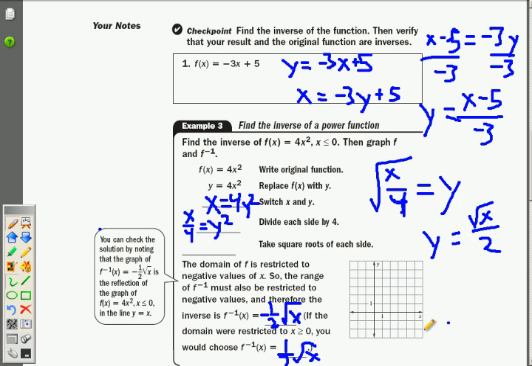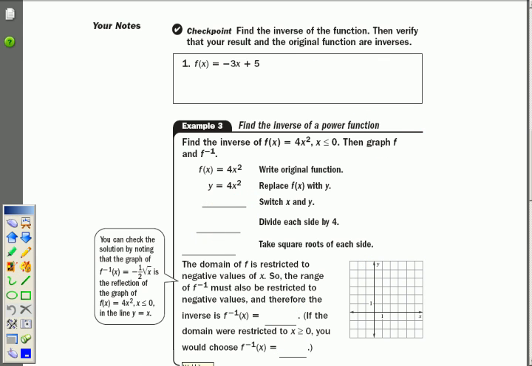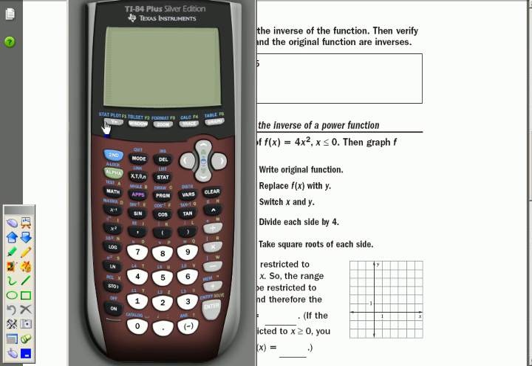And so when I put the negative values in there and I graph it, you're going to see something a little different. So let's go ahead and put that into our calculator for just a minute. And so what we were graphing, remember, was y equals, let's turn it on.